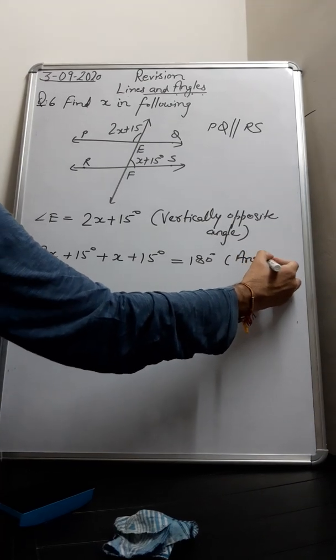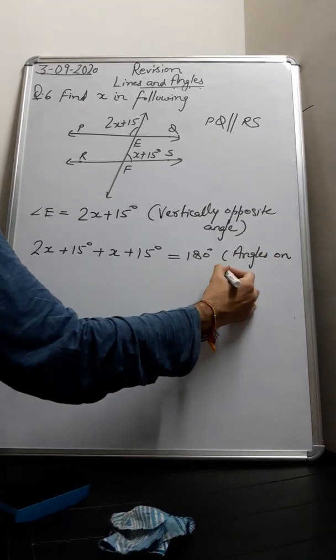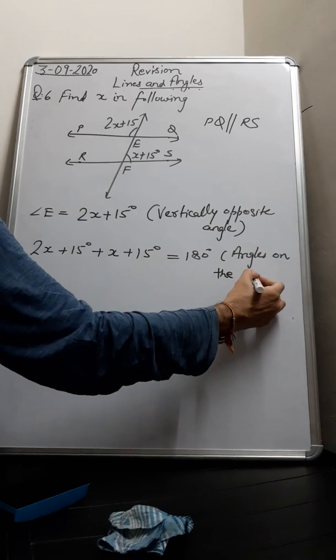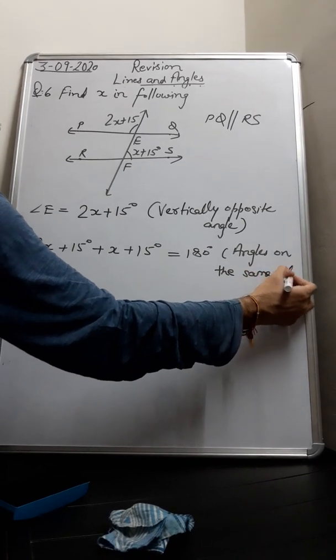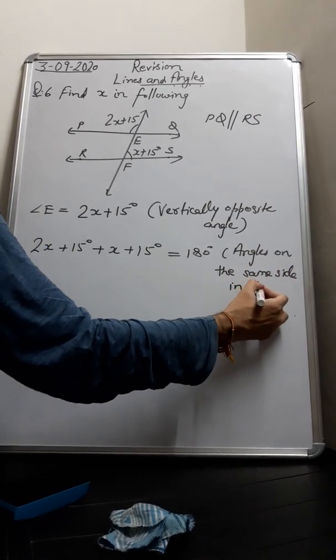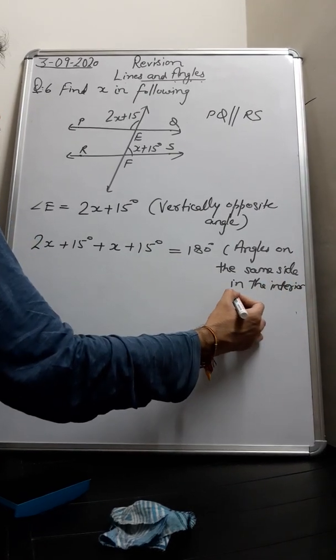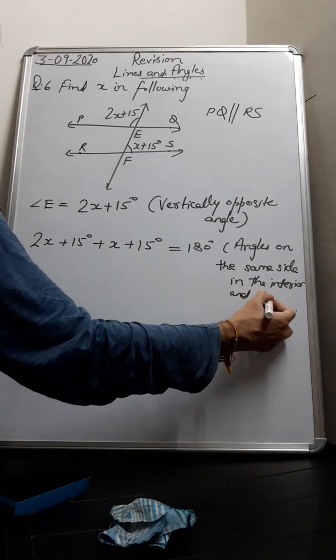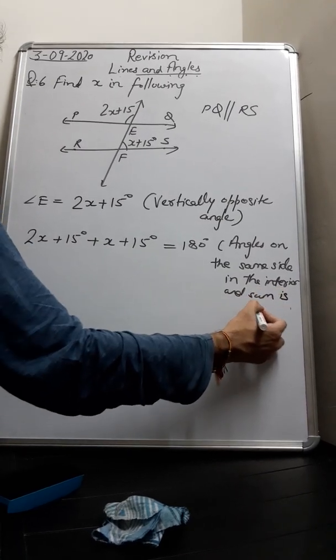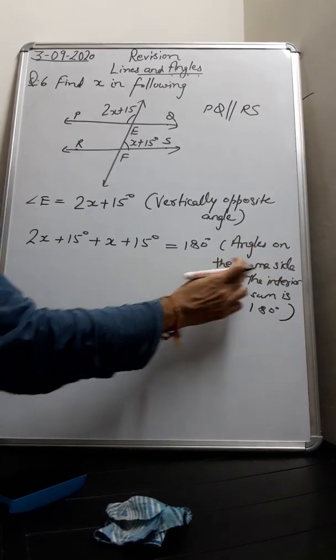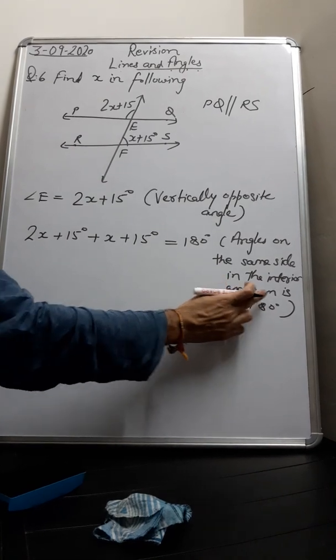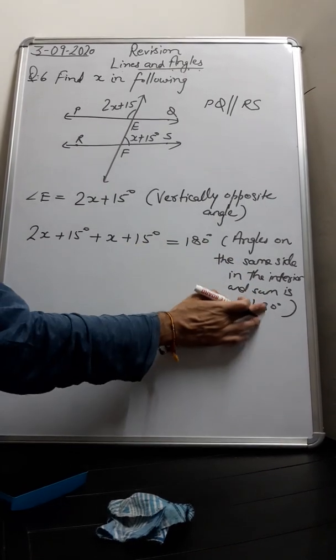Angles on the same side in the interior, sum is always 180 degree.